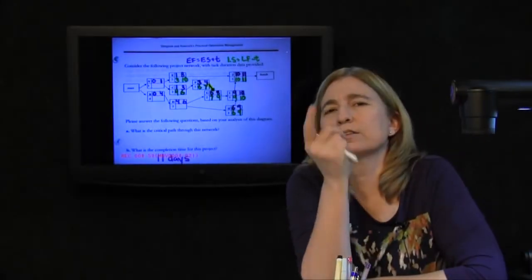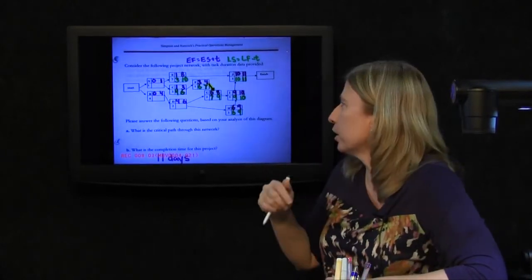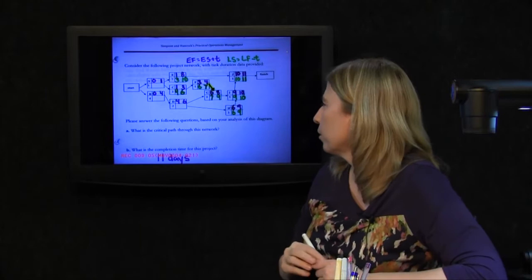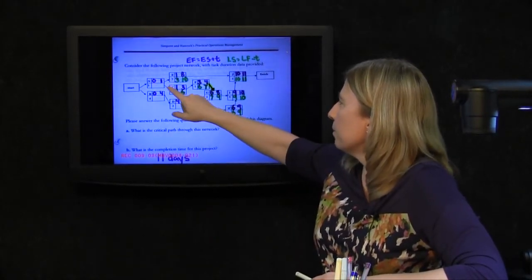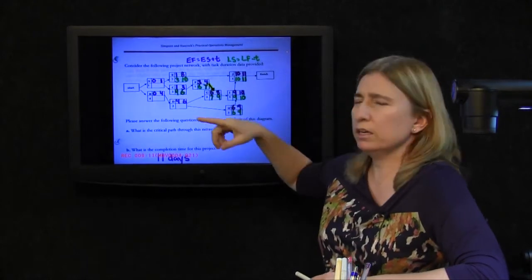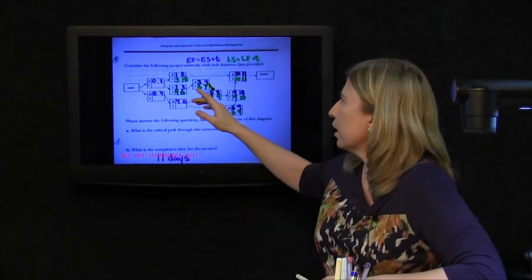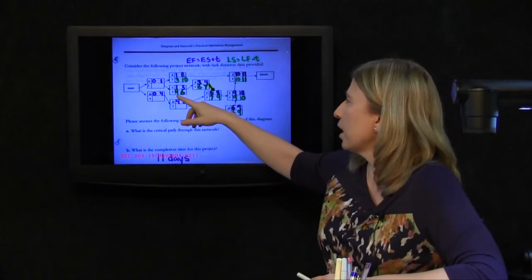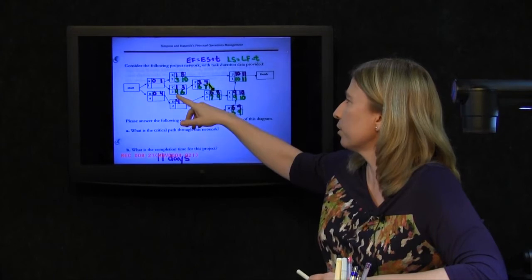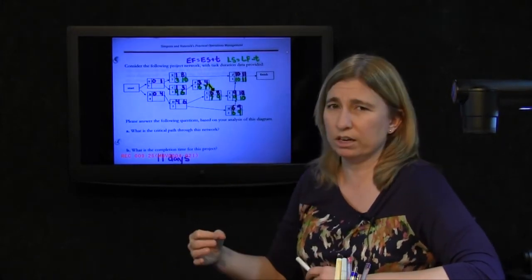A task like A, we have to take a little more carefully, because let's look at where we are. A must finish before C and E start. I'm just looking at the shape of the network. Now we know something about C and E. We know that C has to start at the latest in 4 days, and we know that E has to start at the latest in 3 days.